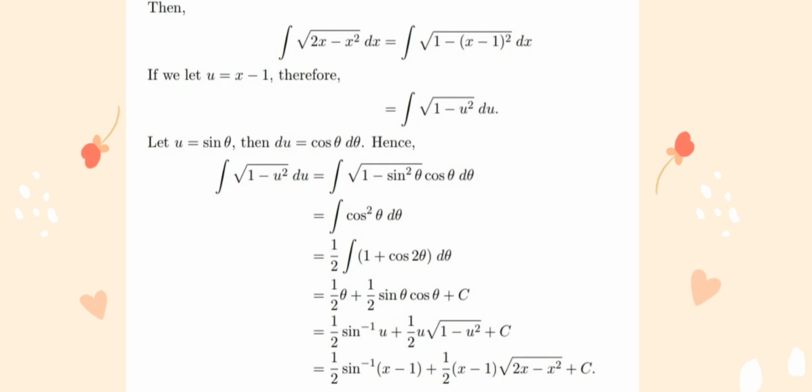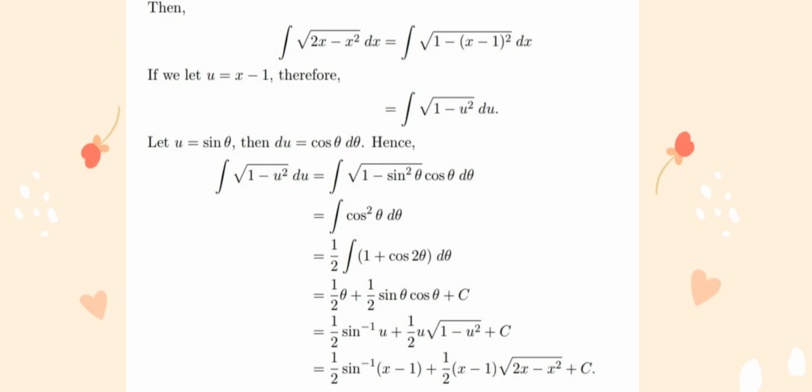For the evaluation, the integral of square root of 2x minus x to the power of 2 dx will be equal to the integral of square root of 1 minus (x minus 1) to the power of 2 dx. And then we let u equal x minus 1. We will get the integral of square root of 1 minus u to the power of 2 du.